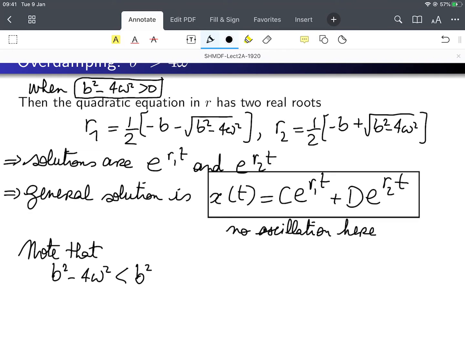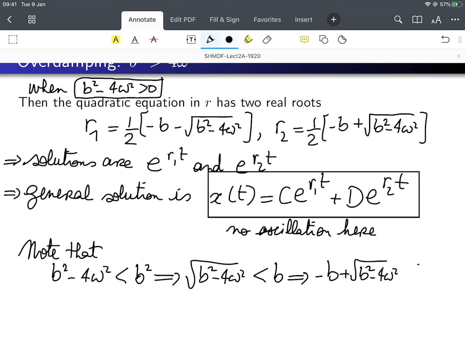So that tells me the square root of b squared minus 4 omega squared is less than b. Yeah, square root of b squared is a positive number, b is a positive number. So that's all good. And now if I bring this to the right hand side, I can see that this quantity is negative, and that's root R2.